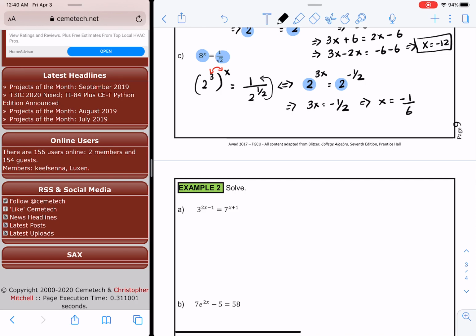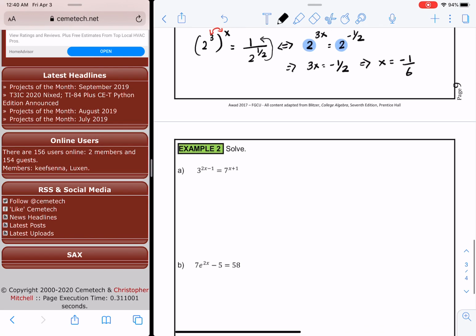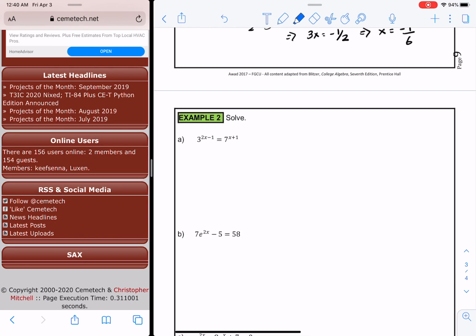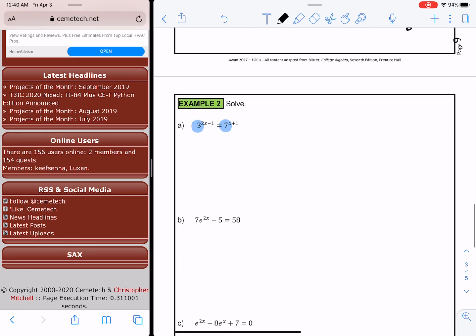So here in example 2, we have entirely different bases. Since the bases are completely different, the only way to solve this is by taking logarithms on both sides. So you can either do base 10 or you could do base e, entirely up to you. I'm going to do base e.